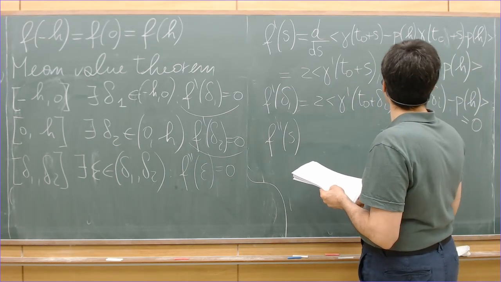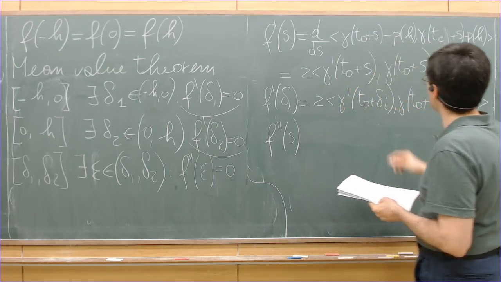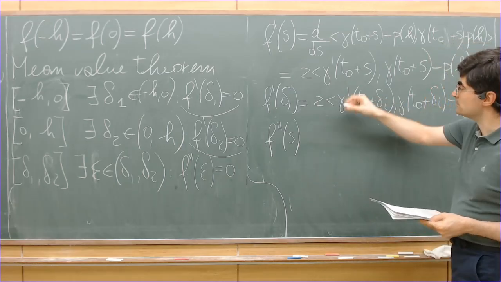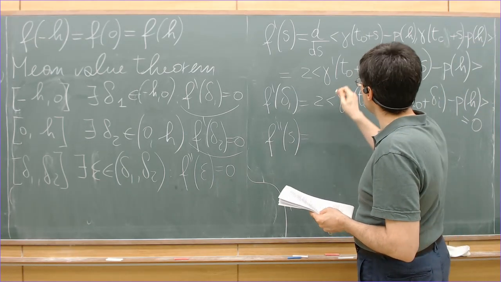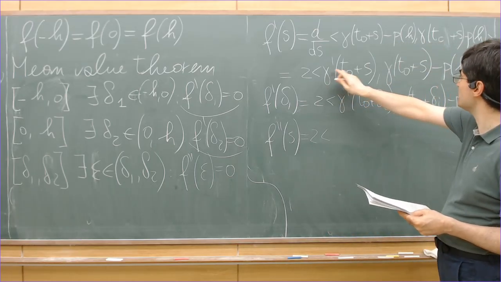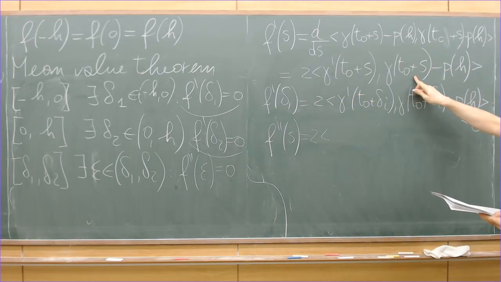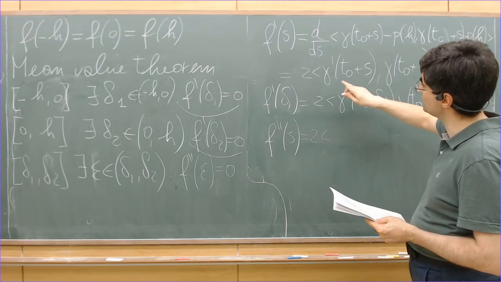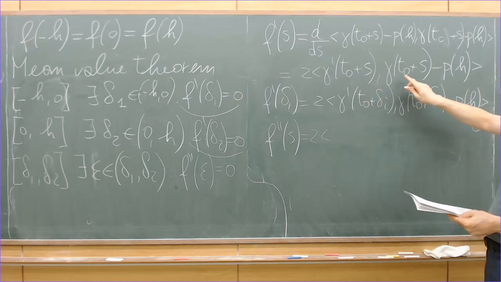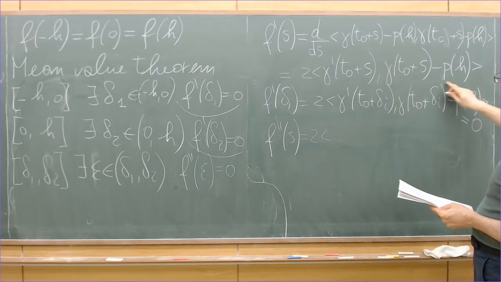We will get two terms. The first one is twice the inner product of the second derivative of gamma times this vector, and the second term is the product of gamma prime t0 plus s and the derivative of this term here.